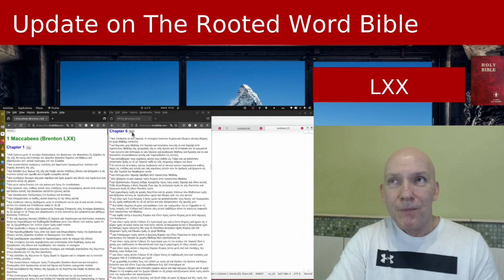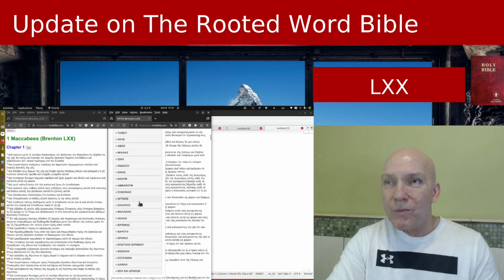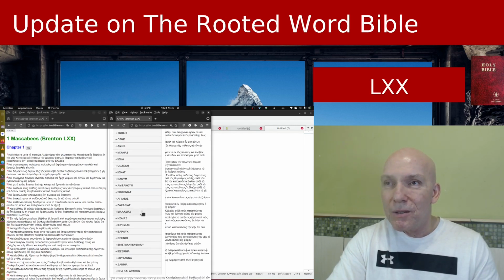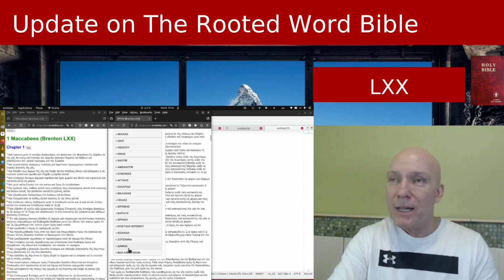So it's pretty handy. Over here, Swete's got a different set of books. So he doesn't have any of the 4 Maccabees in his, but he's got things like Bel and the Dragon and Susanna, which used to be part of Daniel. And in the Codex B, it is actually part of Daniel, right?